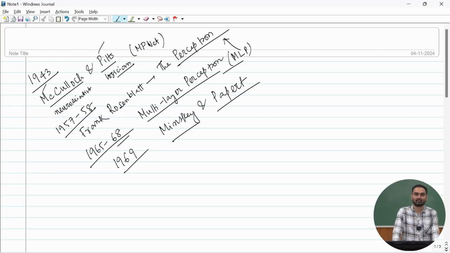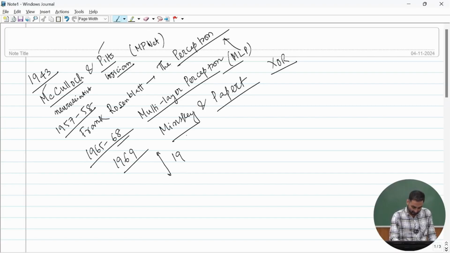Minsky and Papert identified a serious limitation of the perceptron. They showed that a very simple function, the XOR function, cannot be modeled using a simple perceptron. That was a huge setback, because right after that, AI research got stalled for almost 20 years. This time is called the AI winter.